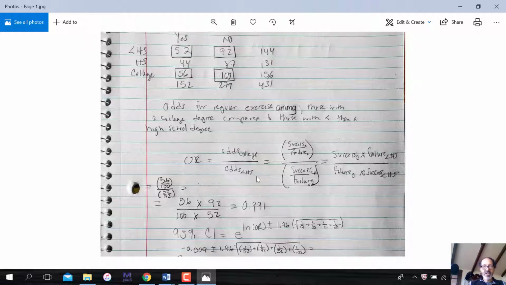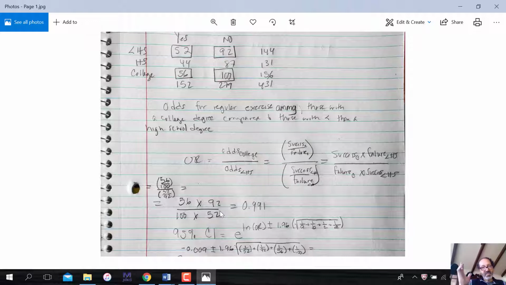If you're like totally lost with what I'm doing, I'm just multiplying after I could just do it this way, right? 56 divided by 100 divided by 52 divided by 92, or I can bring the denominator into the numerator and kind of flip them around. And when I do that, essentially all I'm doing is this cross product, which is the fundamental way to do an odds ratio. So it's 56 times 92 divided by 52 times 100.